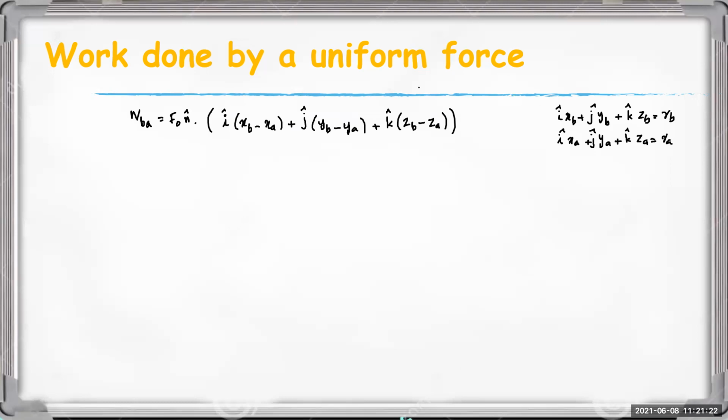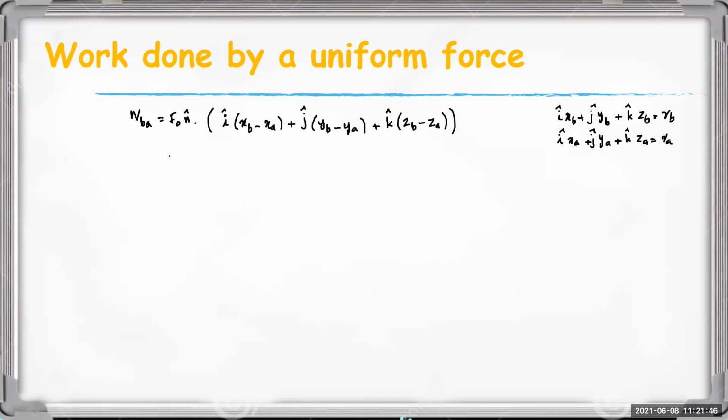That is RB. Then minus the second terms, all with negative sign. Then I take the negative common: minus i XA plus j YA plus k ZA. That is equal to RA.